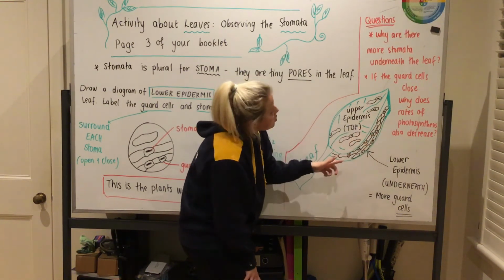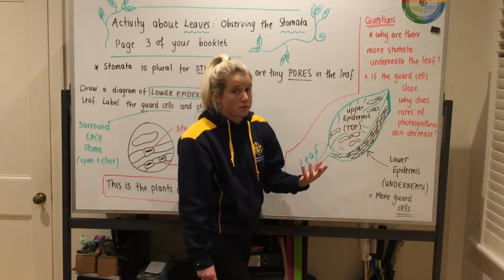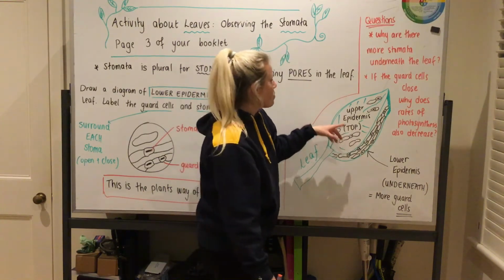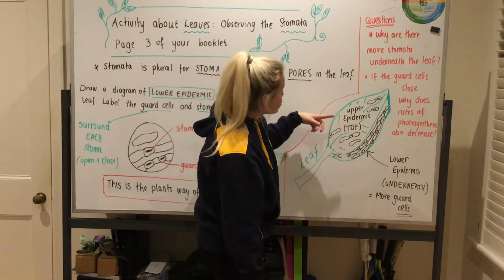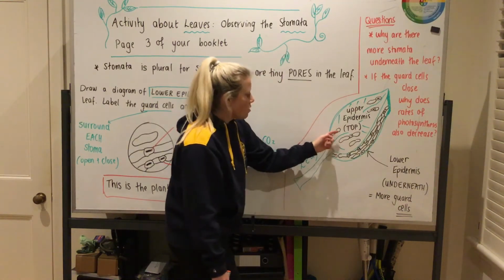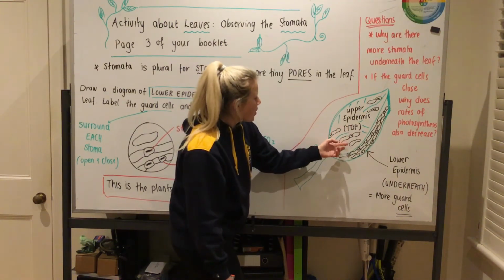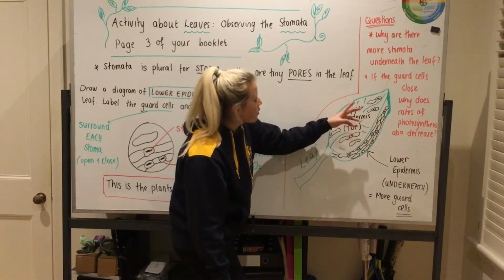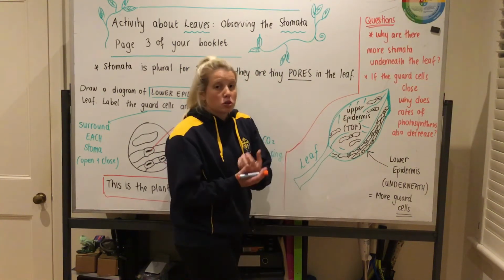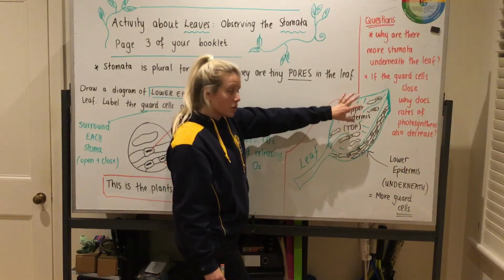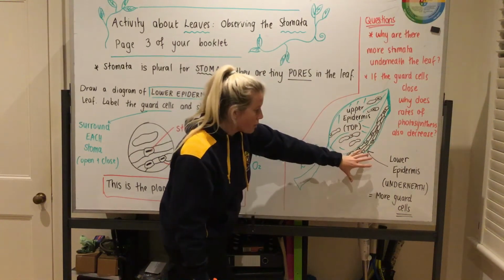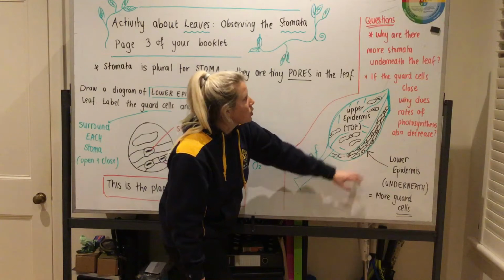They're all scattered through the lower epidermis, so there's heaps and heaps of them. If we think about the upper epidermis, that top layer, there's not really many of them located. I think I've drawn 4 or 5, but I really just want you to appreciate, not many up the top, heaps down the bottom. Lots and lots of guard cells.